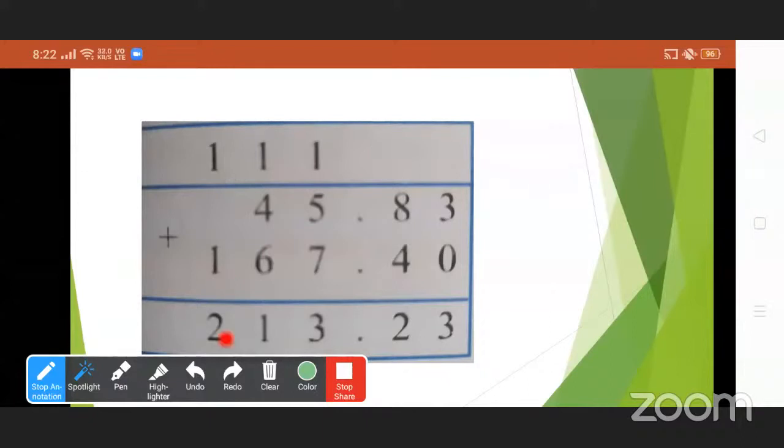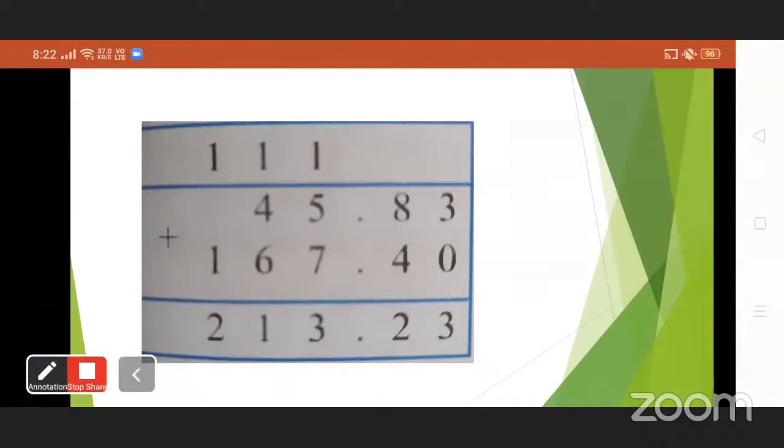So the final answer is 213.23. Very good.